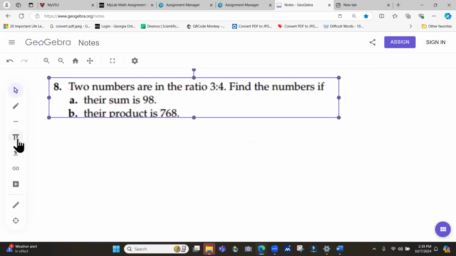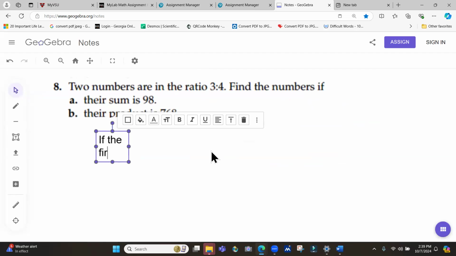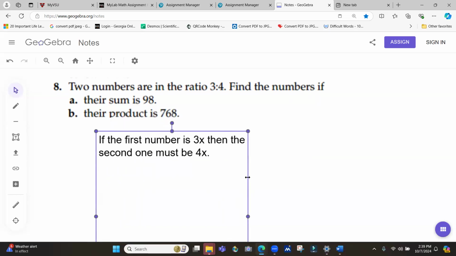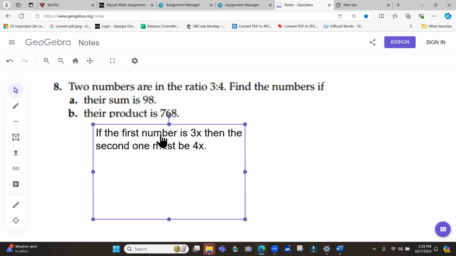Okay. So we are now doing algebra. You can always say, if the first number is 3x, then the second one must be 4x. And we're introducing variables, something you have done in high school. We'll do a little more algebra next chapter, actually.